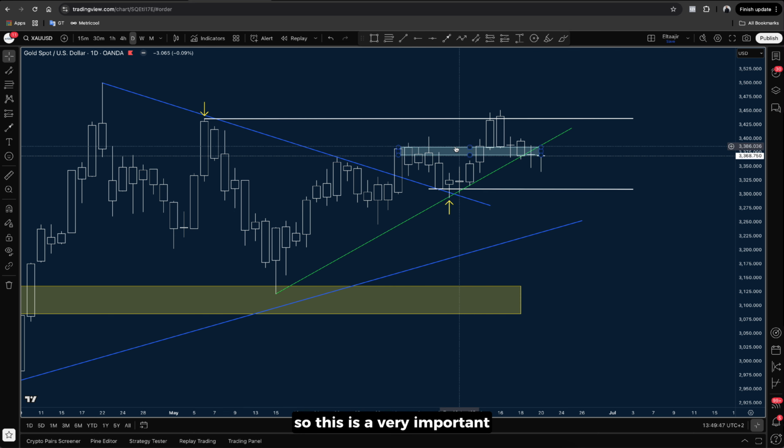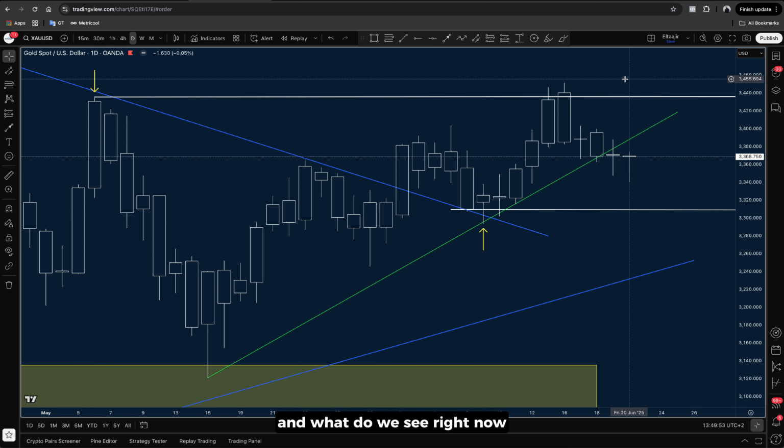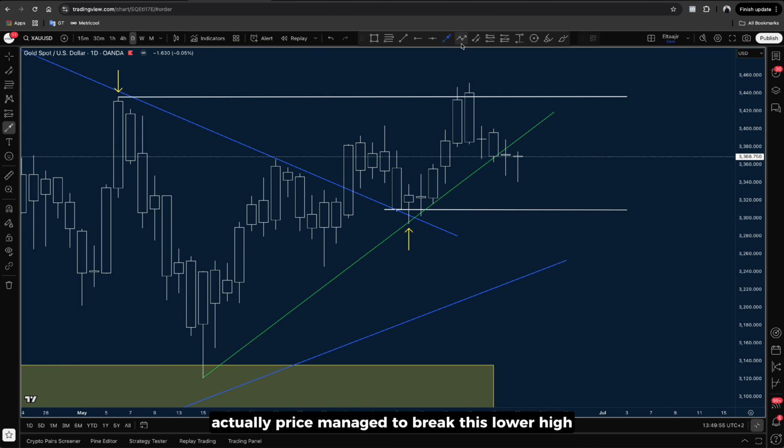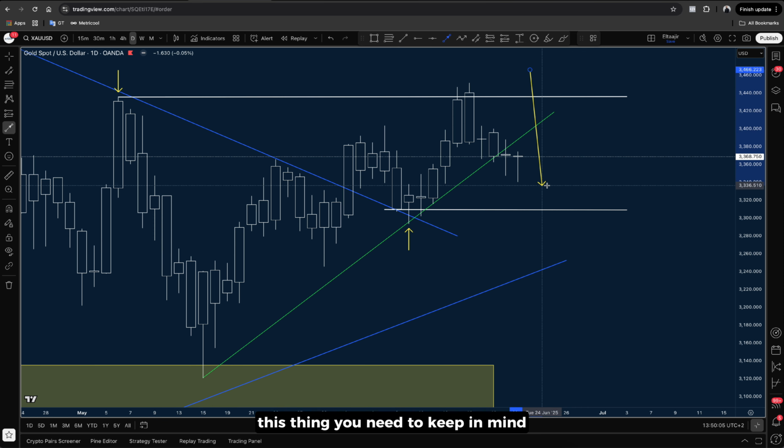So this is very important. Let's remove this one just to make it very clear. And what do we see right now? Actually, price managed to break this lower high. So technically we have invalidated this one and we are in an uptrend.